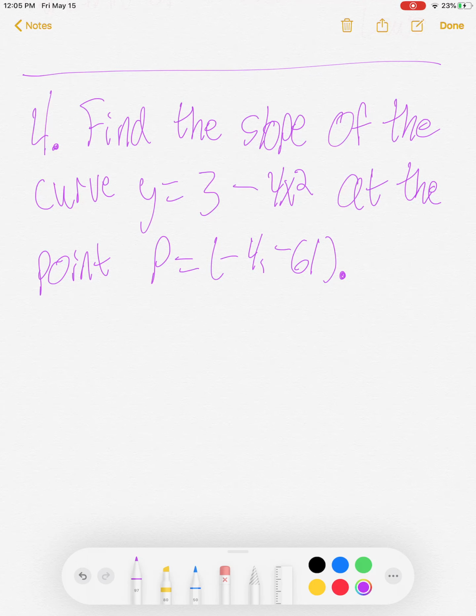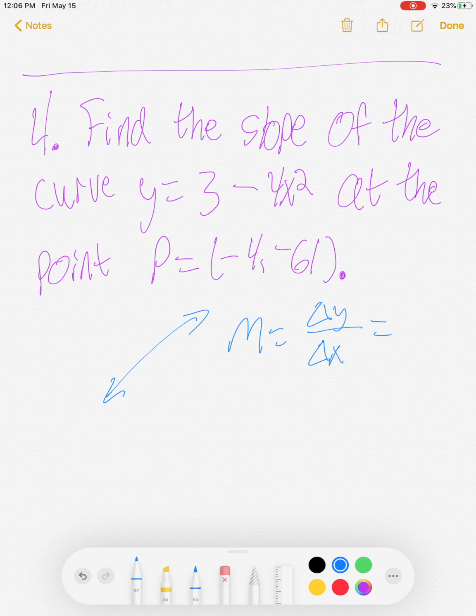So this is one of those new things which we introduced in this section. We've seen slopes before in the past, but we've only ever seen slopes with lines, right? A line, we can calculate the slope nice and easy. It's just rise over run, right? So m is change in y over change in x.